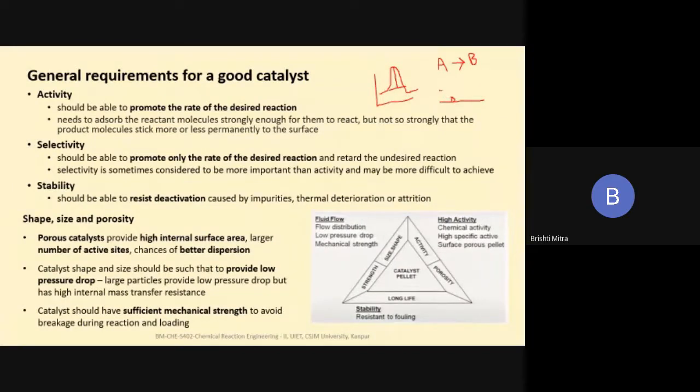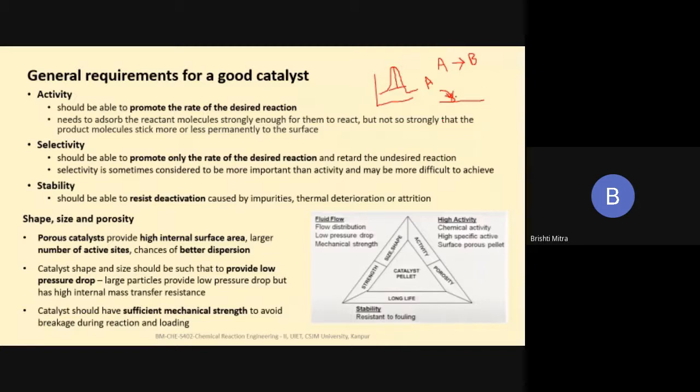Then A comes here. You should be able to adsorb A on this particular catalyst site.